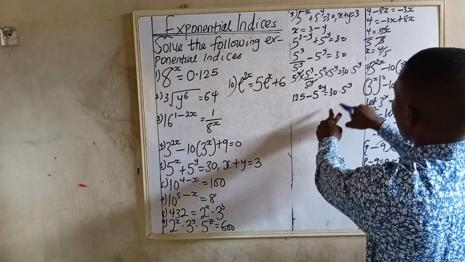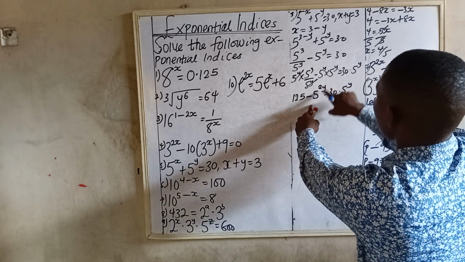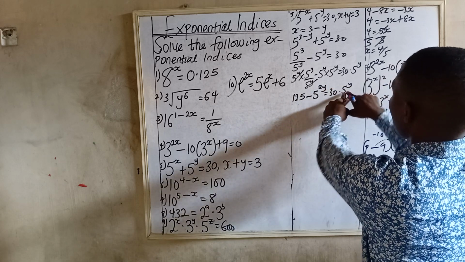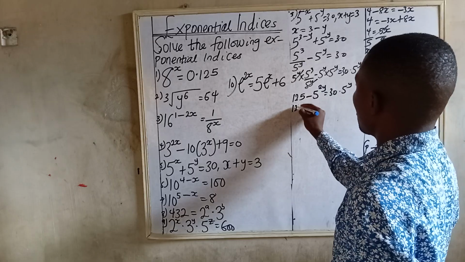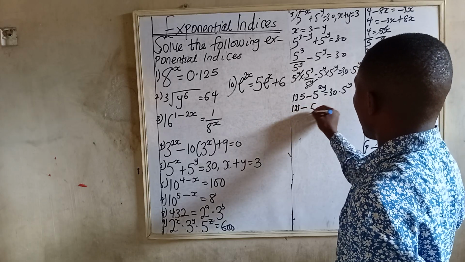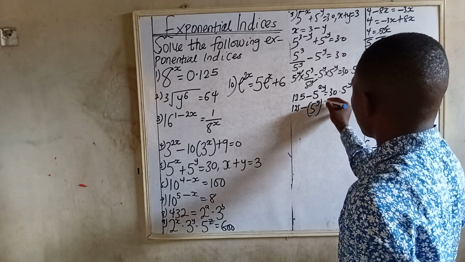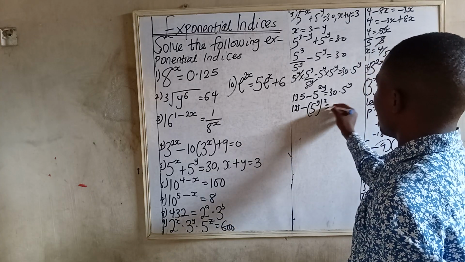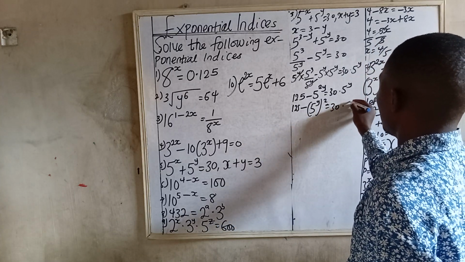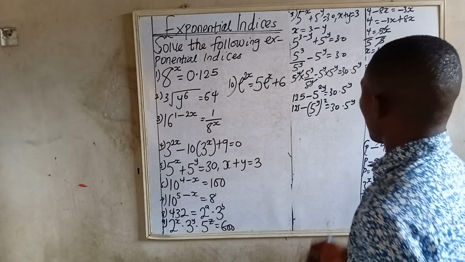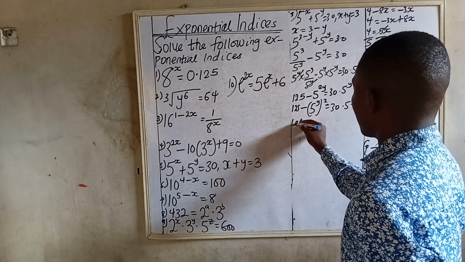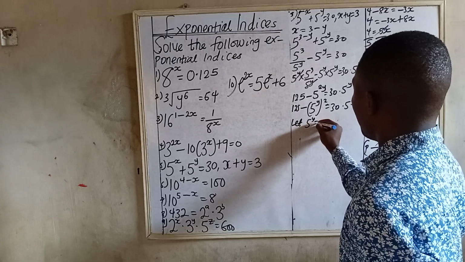Now, we have something here, you see, 5 is the power y here. So we need to equate this one to be in this form. So we can say that 125 minus, we can say 5 is the power y, 8 is the power 2. We are not changing anything. Is equals to 30 times 5 to the power y. So now, let's just say, let 5 to the power y be any letter.